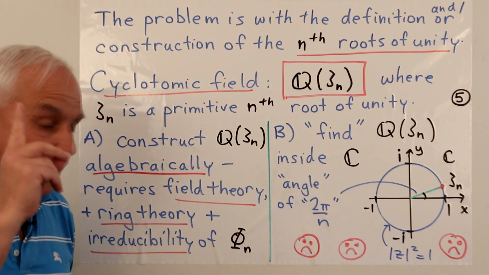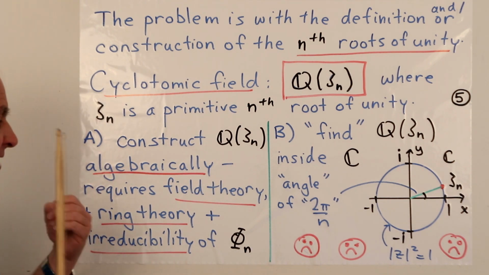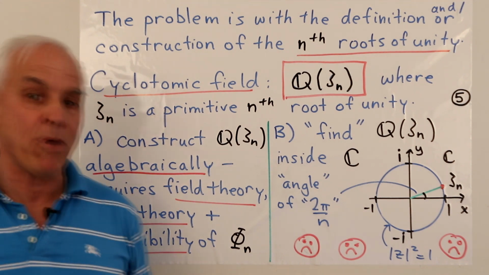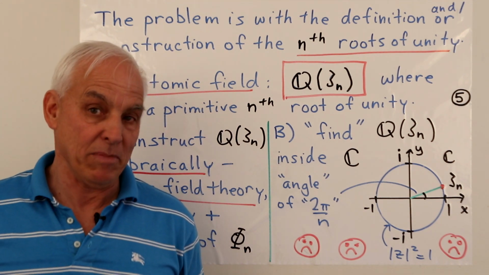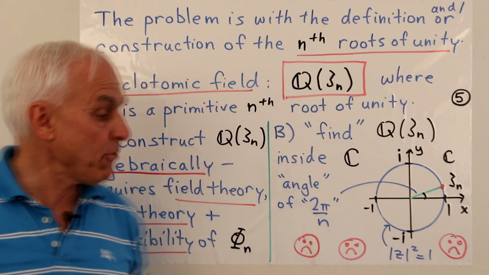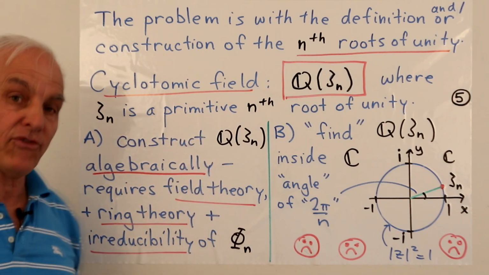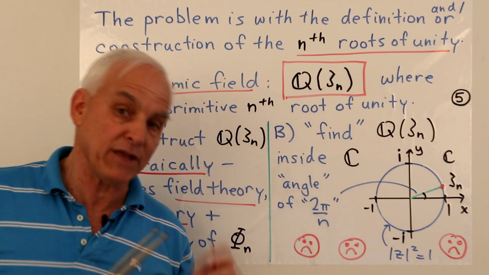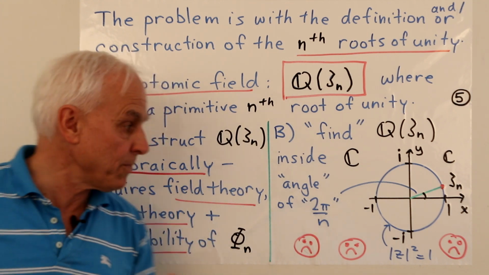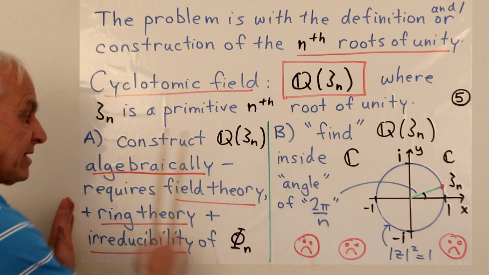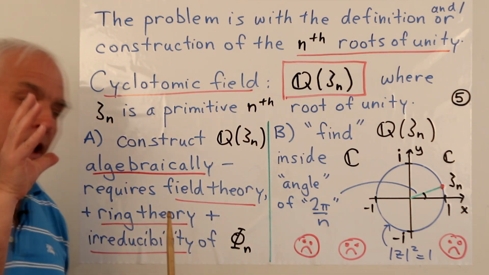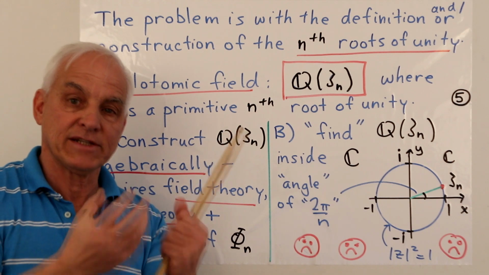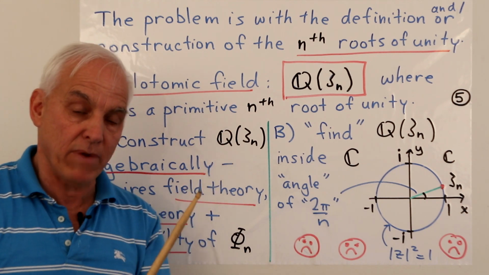And crucially, you need as an ingredient the irreducibility of the cyclotomic polynumber phi sub n. And I'm going to be showing you how this works in our next famous math problem, the one following this one. So we're going to come back to this algebraic way of trying to construct these cyclotomic extensions of the rationals.